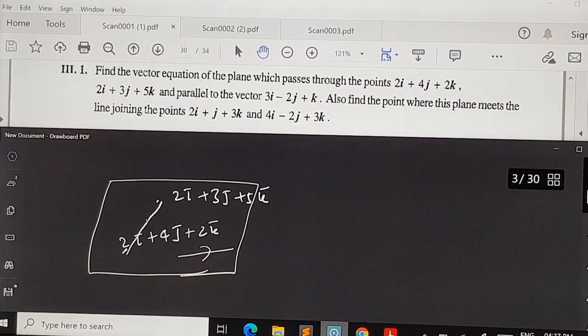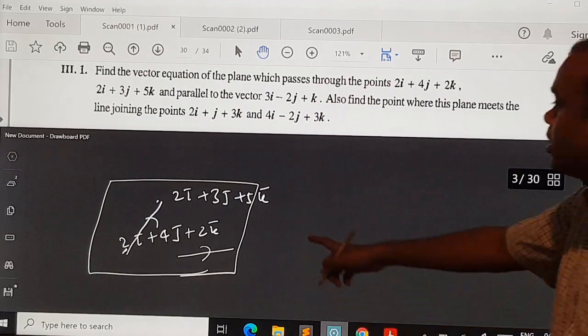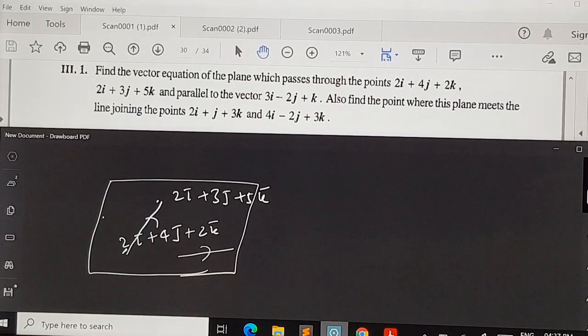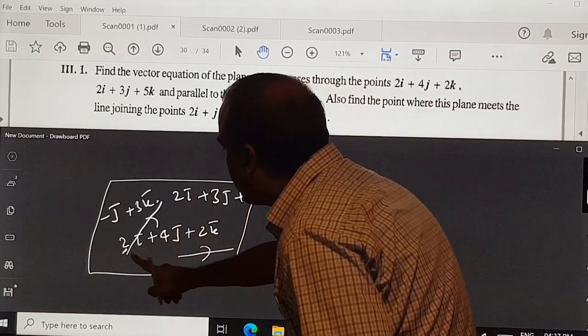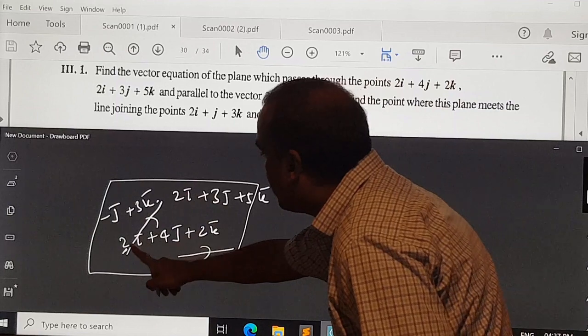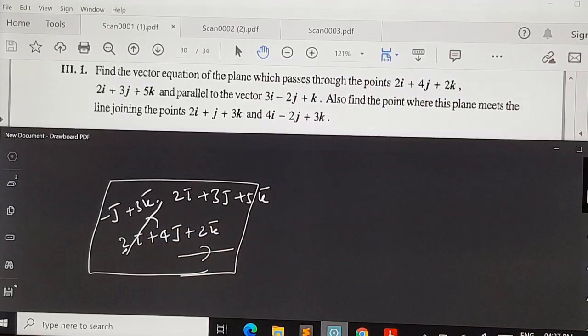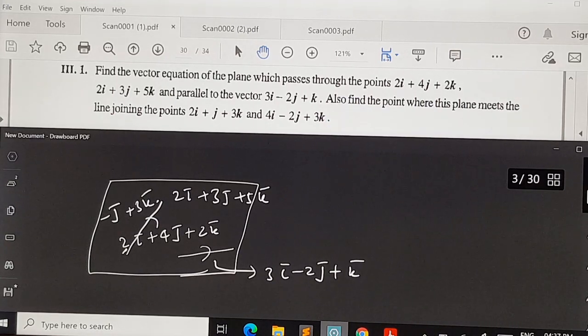Now we make one more vector. If I make one more vector, it is nothing but minus j bar plus 3k bar. This minus this I have taken, so 2i bar is gone, and minus j bar plus 3k bar is one more vector. The other vector he already gave, which is 3i bar minus 2j bar plus k bar.